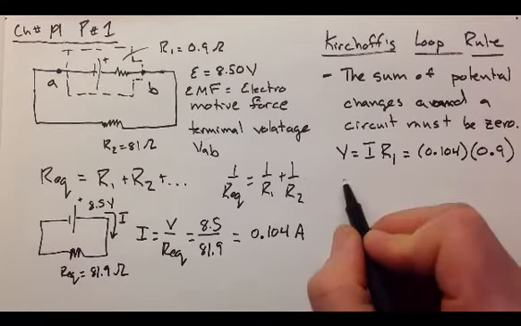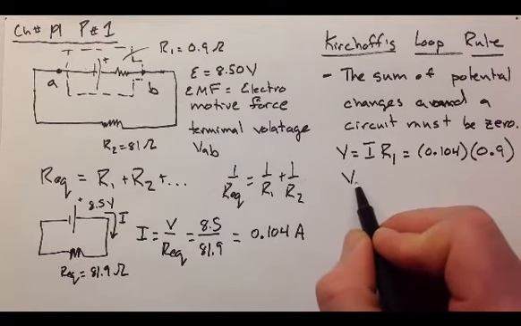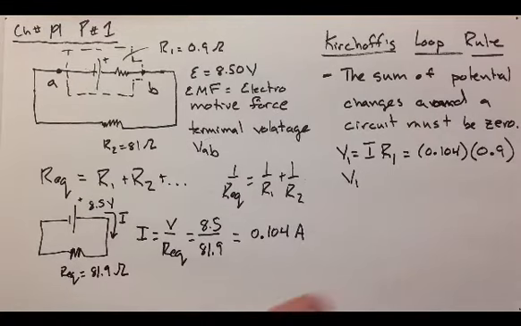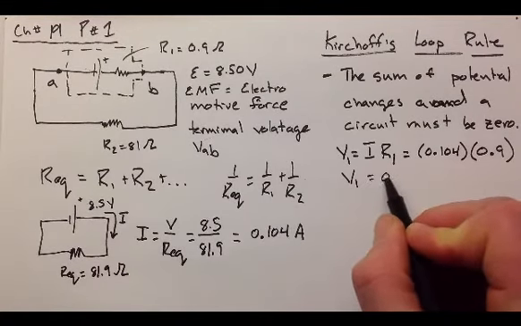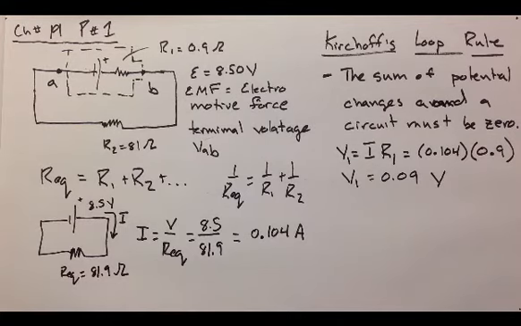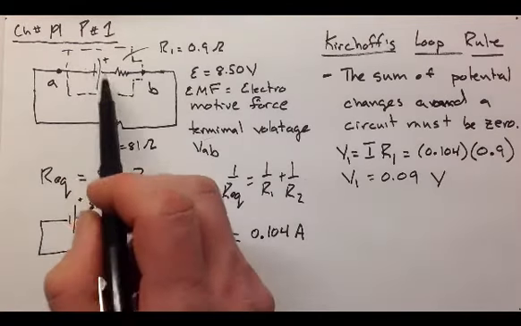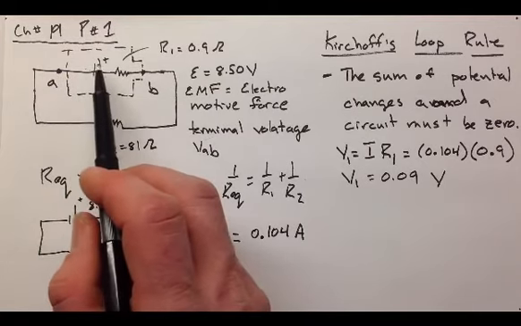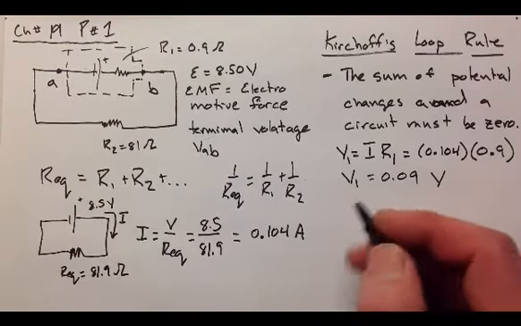So if I round this out a little bit, I get the voltage drop across resistor 1 equal to 0.09 volts.